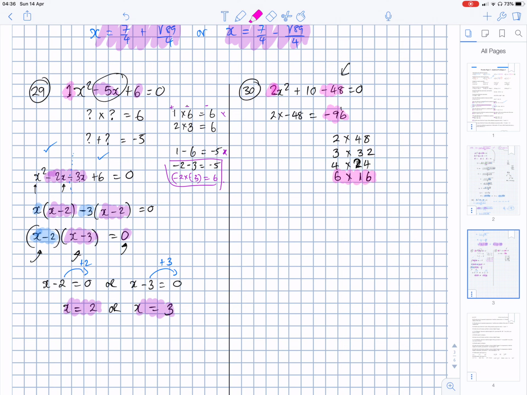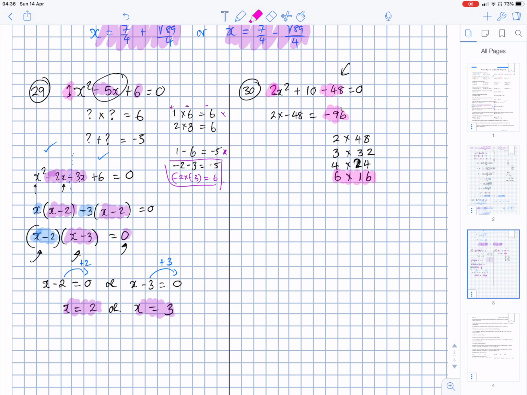That equals 0, which means x plus 8 equals 0 or 2x minus 6 equals 0. That means x equals minus 8, because the 8 moves over and becomes a minus 8.